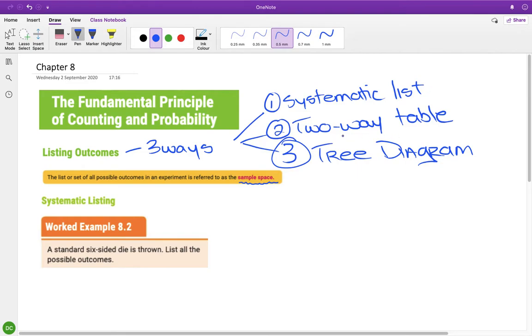If you draw a two-way table to create a list, the list is a sample space. So these 3 are methods of creating a sample space. I'm going to keep repeating these keywords. You'll get it, but it's really important that you understand all of these things.